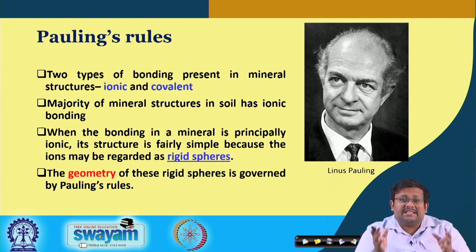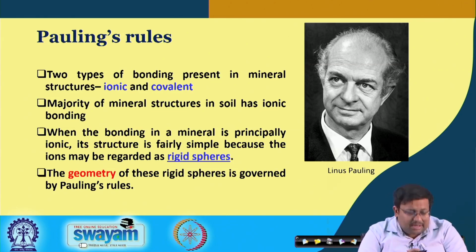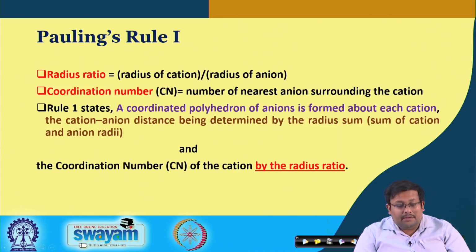We will see that very shortly. The geometry of these rigid spheres is governed by Pauling's rules. We will be discussing these rules. There are a couple of rules; let us talk about them one by one.